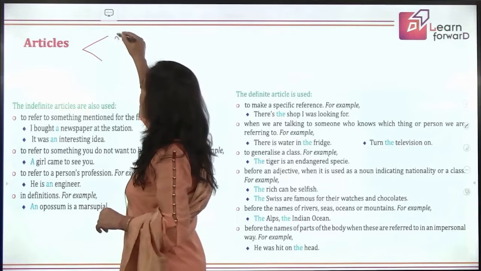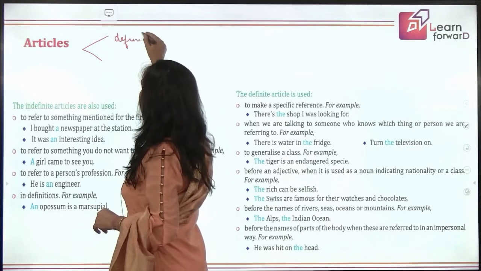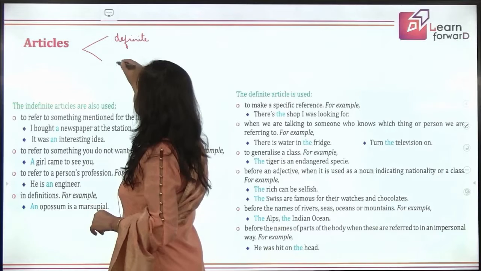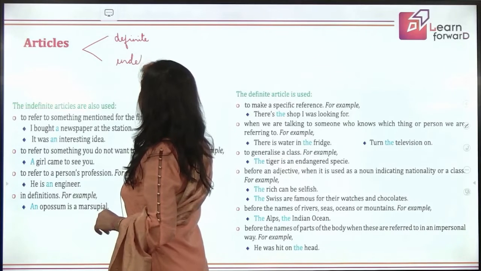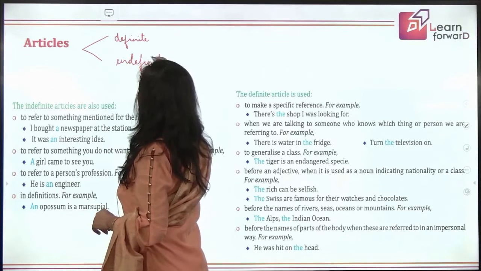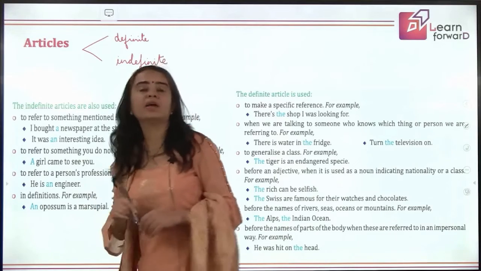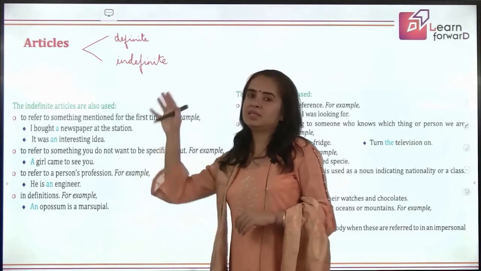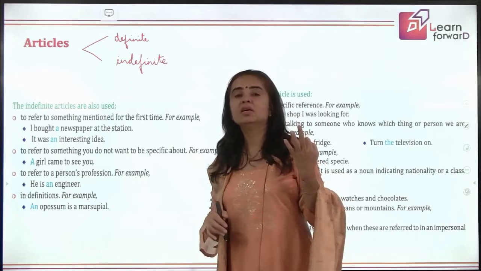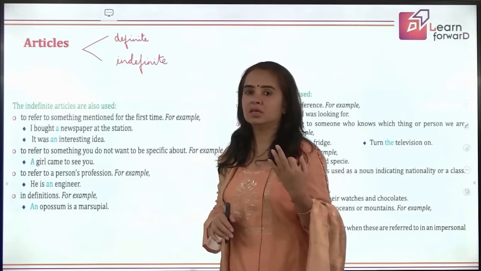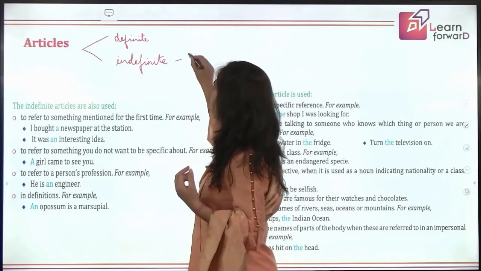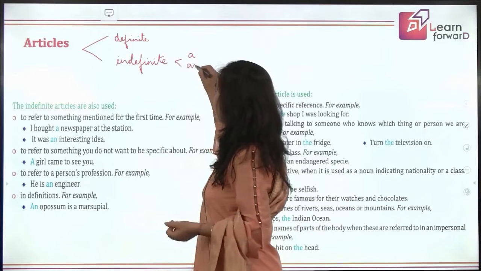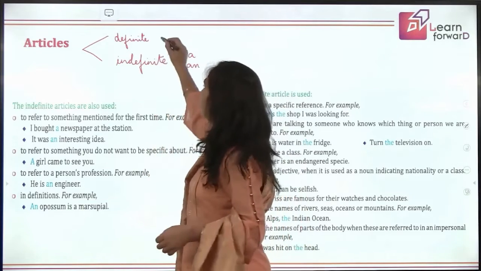First one is called the definite article, and the other one is the indefinite article. These are the 2 categories, 2 kinds of articles, children. And under these categories, we put our 3 articles, that is a, an and the, out of which a and an are indefinite and definite is the.